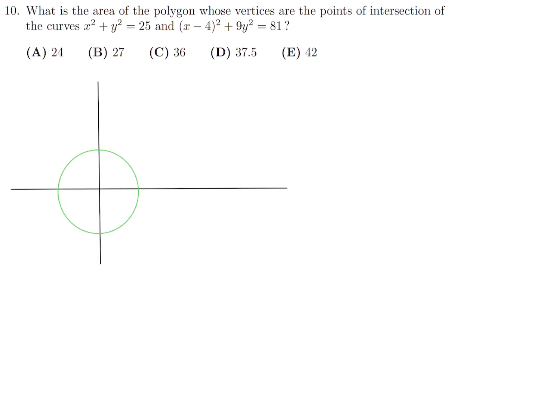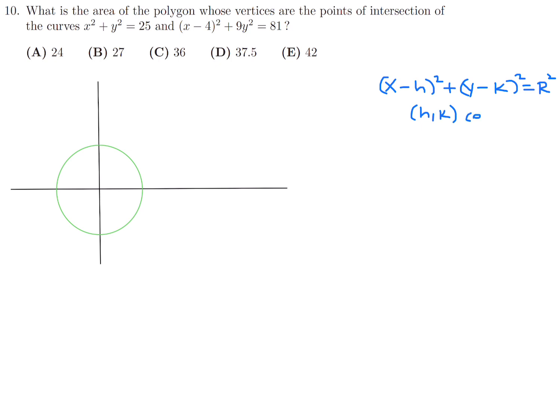If you recall, circles have the equation x minus h squared plus y minus k squared is equal to r squared, where (h, k) is the center and r is the radius. But in this case, there is no h or k.